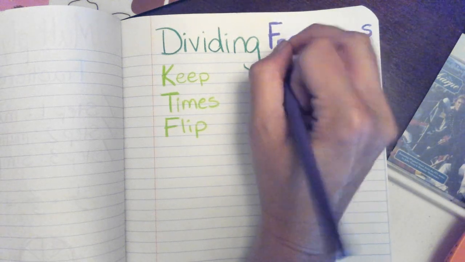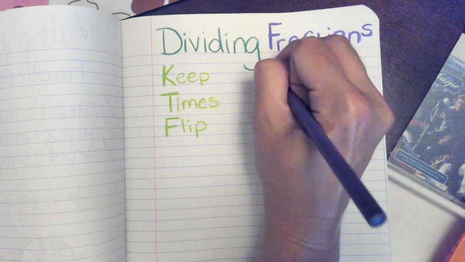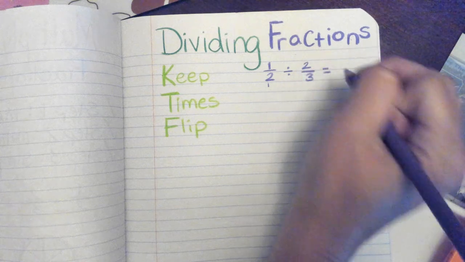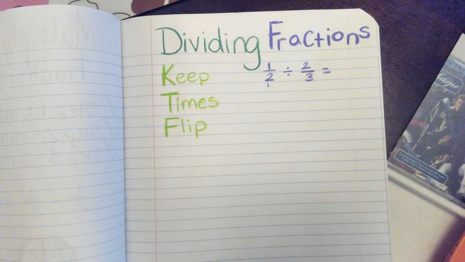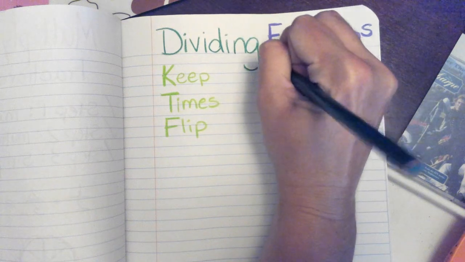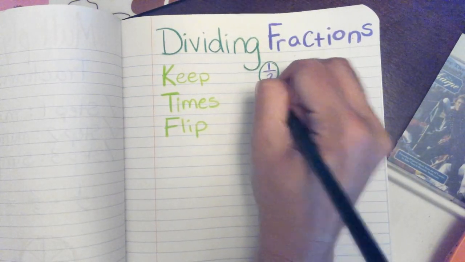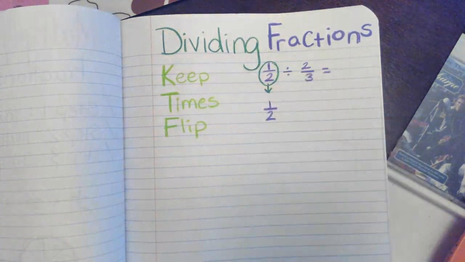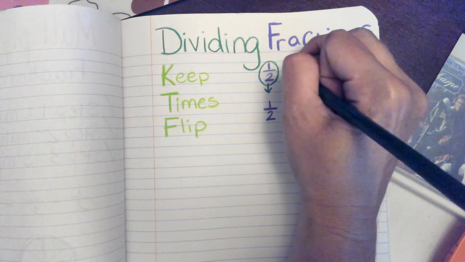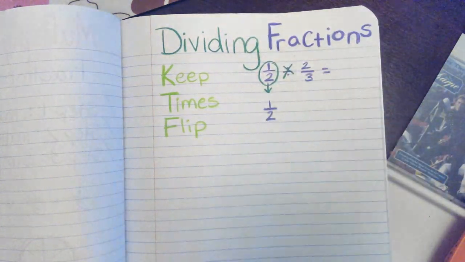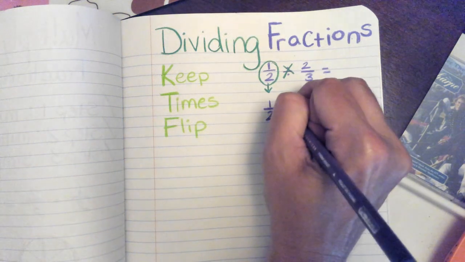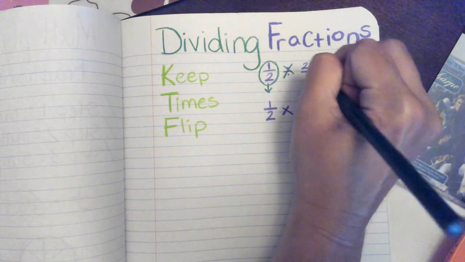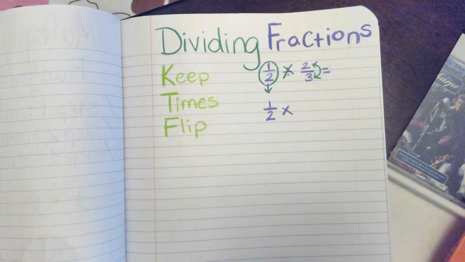So let's say that you have 1/2 divided by 2/3. Keep the first number, the 1/2. Times, I am changing the division sign to a multiplication sign, and then flip, I am flipping the second fraction.